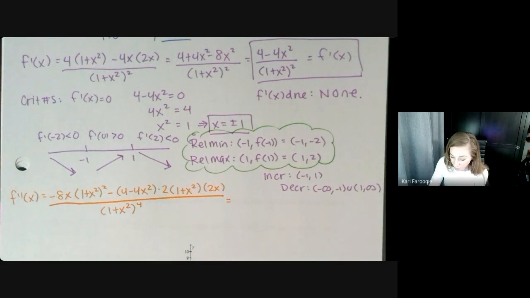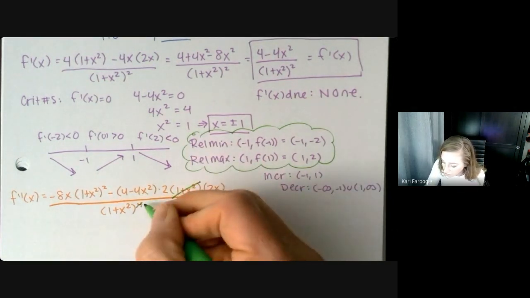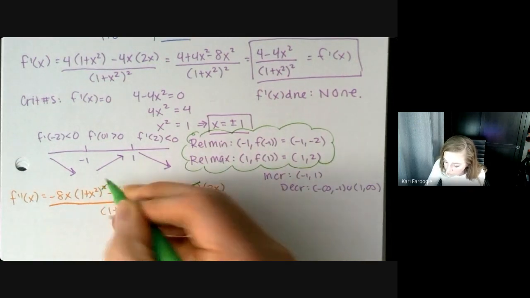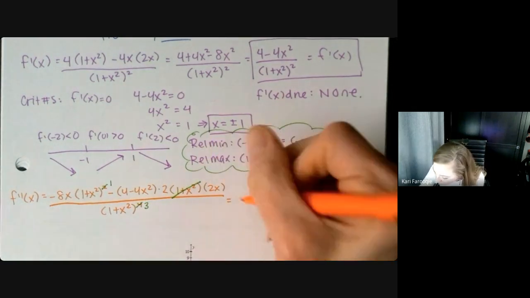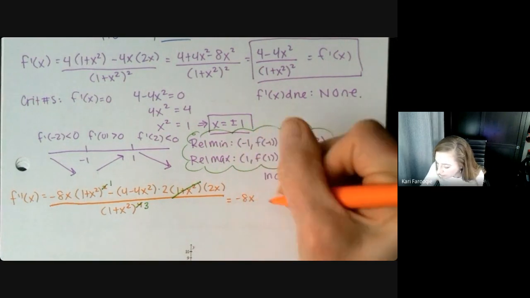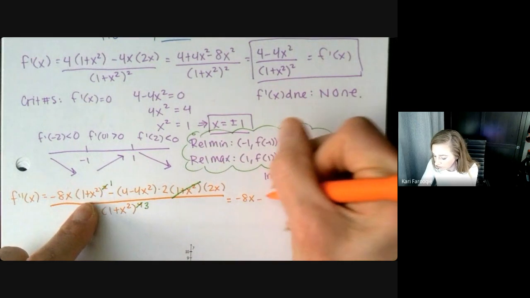Before you start multiplying everything in, please cancel out your common factor of 1 plus x squared to the first power in all three parts of your second derivative. And now you can multiply the 8x into the parentheses. Then we'll simplify again. So let's see, we have -8x, and then minus 8x cubed.